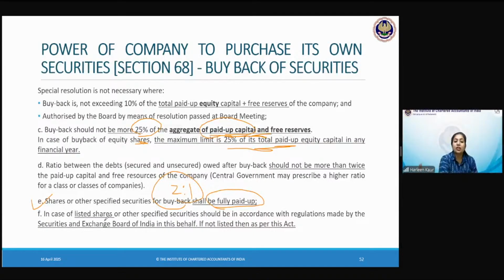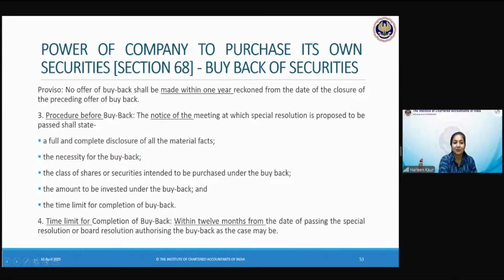In case of listed shares, we have to comply with SEBI guidelines; if it is not listed, then we have to follow the Act. Again, important point: the buyback should be completed within 1 year from the date of offering of the buyback securities. So it is very important that you complete the procedure of buyback within a period of 1 year.